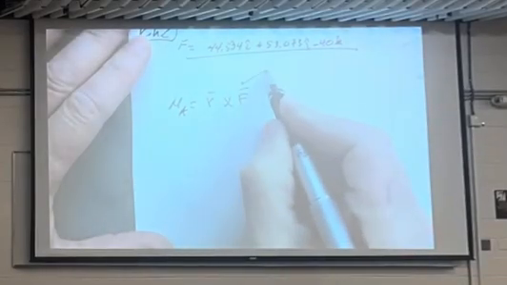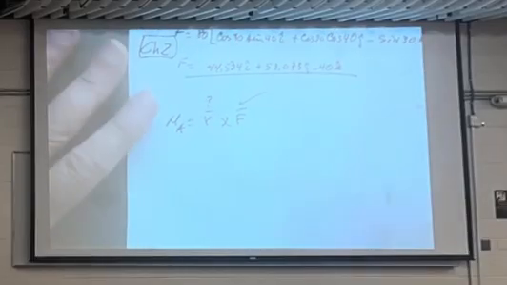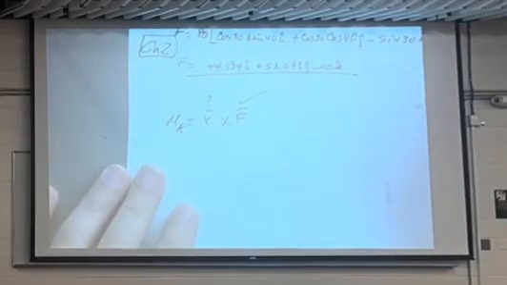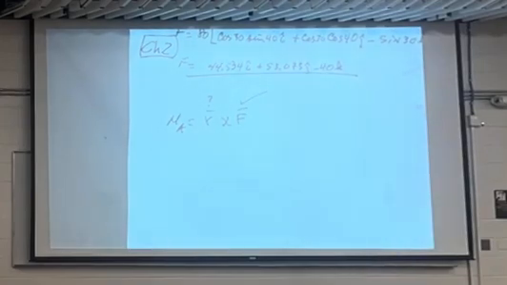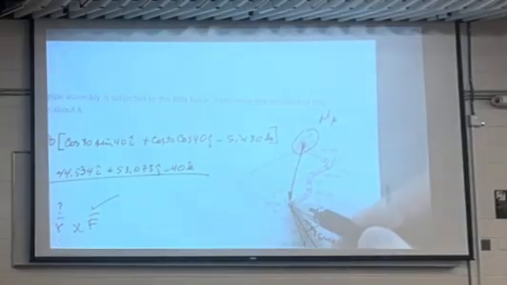Well, I've got the F, I need an R. What's the R? Well, I need to go from my moment center to here. You can't see it, but I need to go from my moment center to here. Correct?